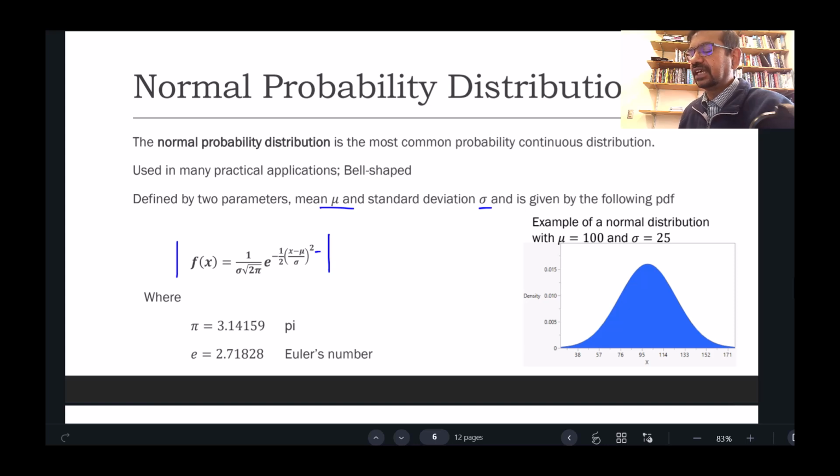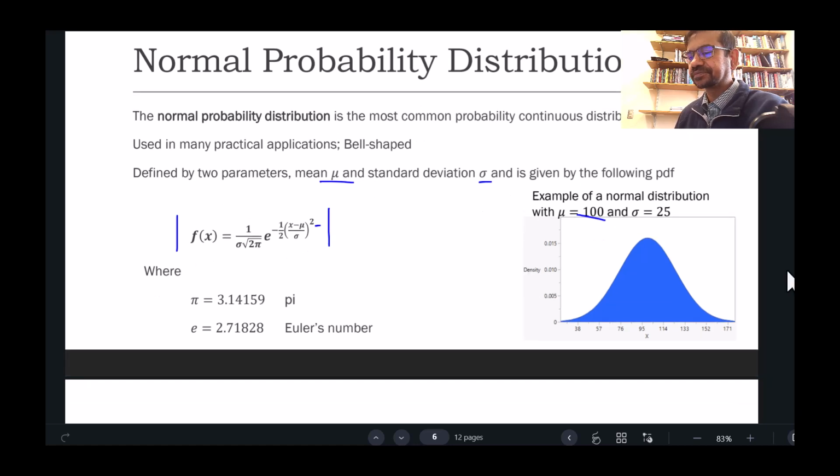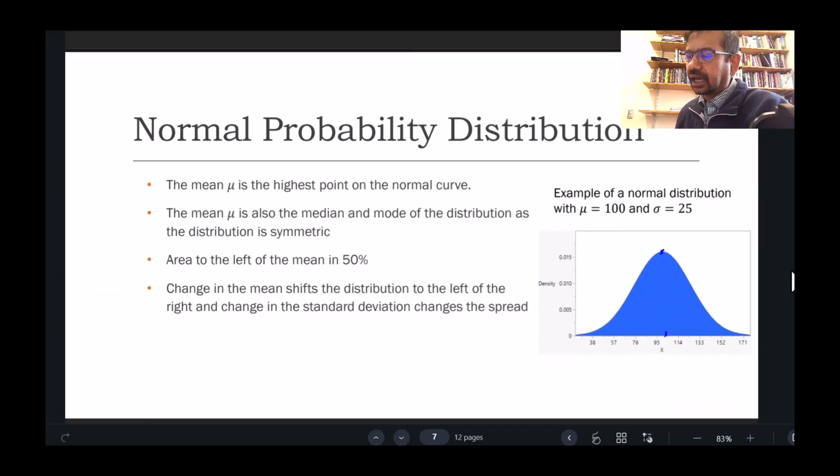Now, this is an example of a normally distributed random variable x with mean 100 and standard deviation 25. So we see that this is symmetrical. This distribution has several nice properties. The mean gives us the highest point. So if I draw a line down, this will be 100.